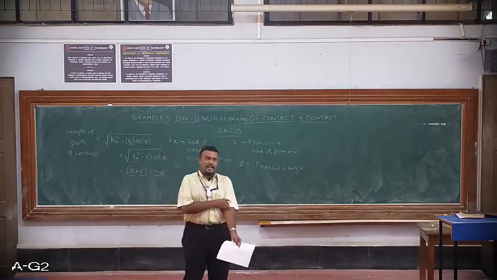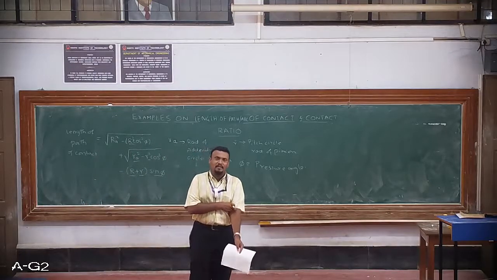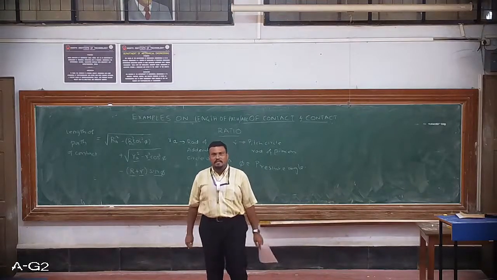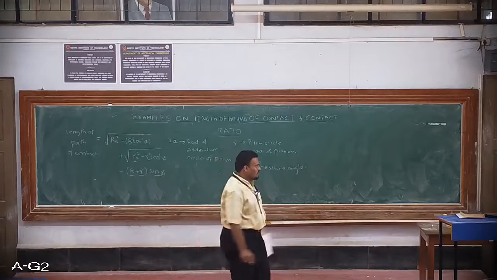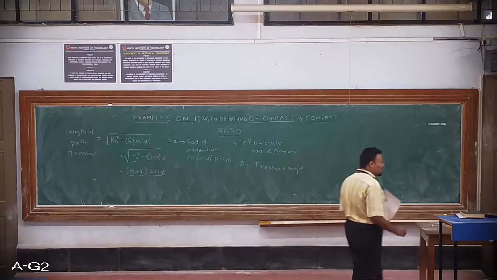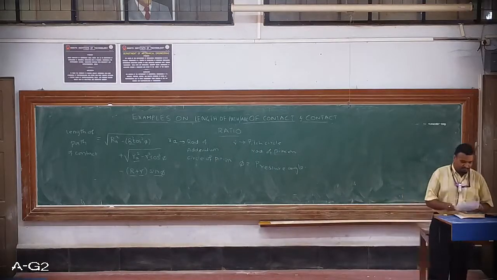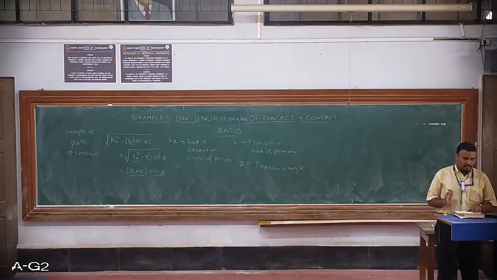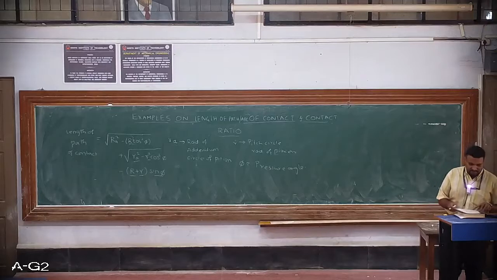It is a straight line lying on the line of action from the engagement of the teeth to the disengagement of the teeth. So that is called the path of contact. So it is given by the equation root of RA square minus R square cos square phi plus root of small RA square minus small r square cos square phi minus capital R plus small r into sin phi.